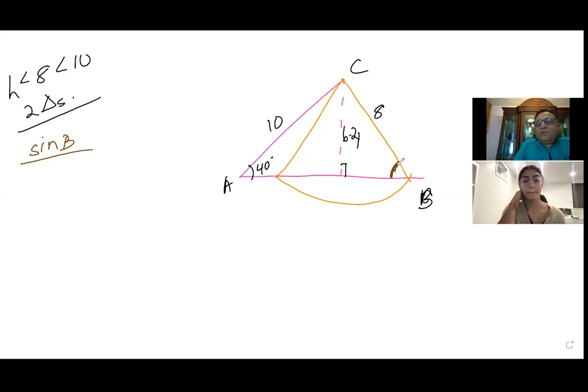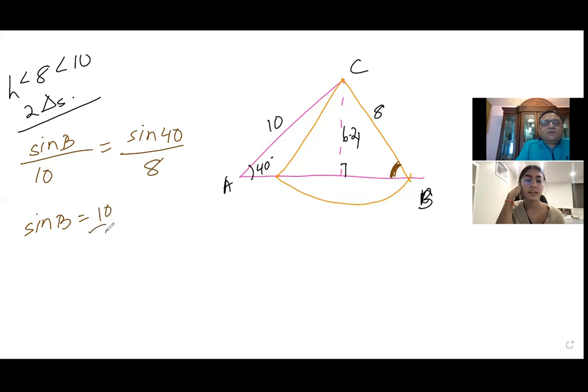We have to find angle B, so put sine B on top. Sine of 40 over 8 equals sine B over 10. Then you cross multiply, so sine 40 times 10 over 8.